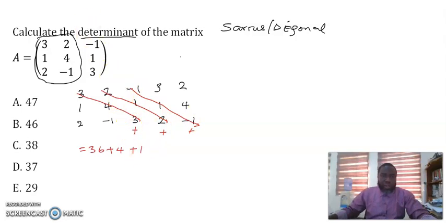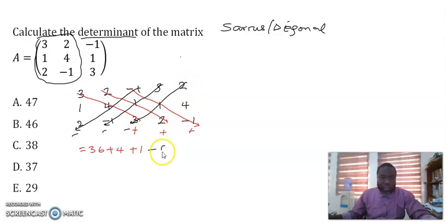So the next thing now is to multiply across the other diagonal, the opposite diagonal. This is going to be negative. We also multiply this, which will be negative, and we multiply this, which is also going to be negative. So now we have 3 times 1 times 2, that is 6.